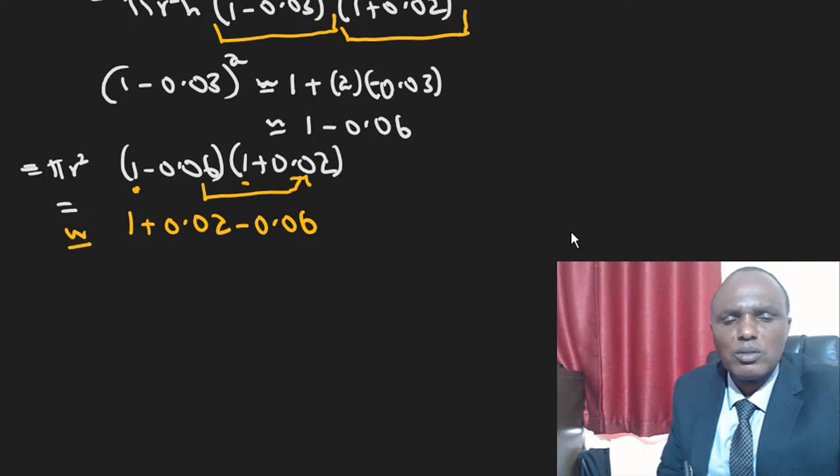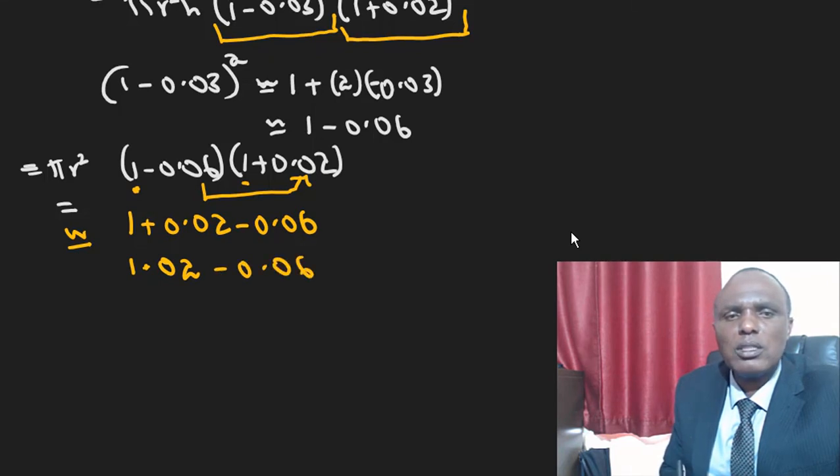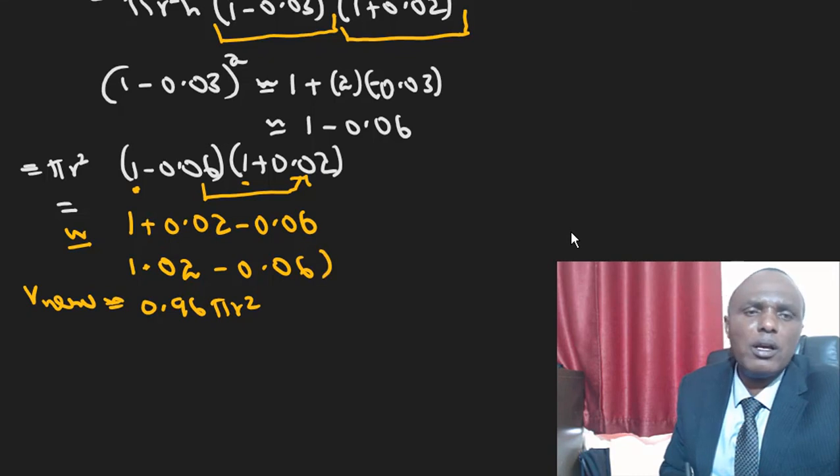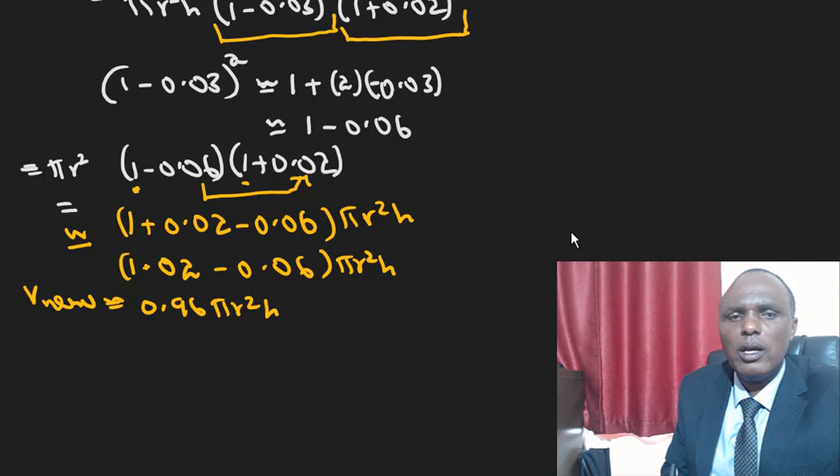Therefore, this becomes 1.02 minus 0.06, which is 0.96. So the new volume is approximately 0.96 pi r squared h.